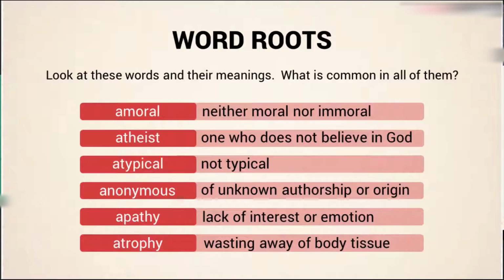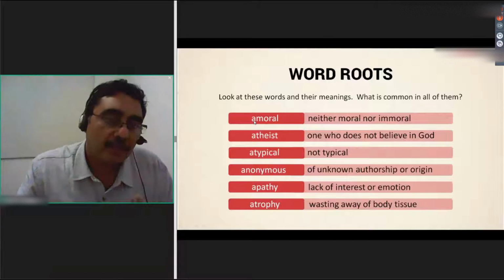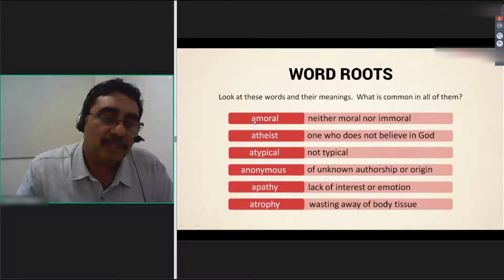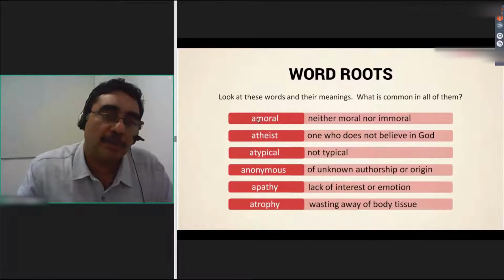Okay, so I guess now you understand what is learning by root words, right? Here, amoral. So, A in front of a word. Not all words starting with A, but some words starting with A will create an opposite of the word that follows it. For example, moral. Amoral means somebody who is not moral.